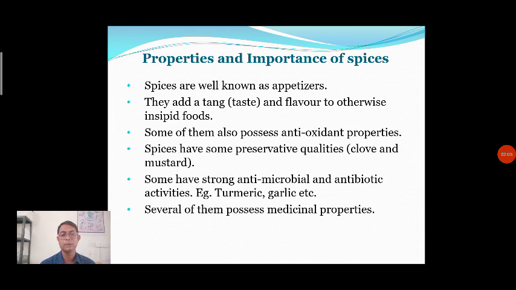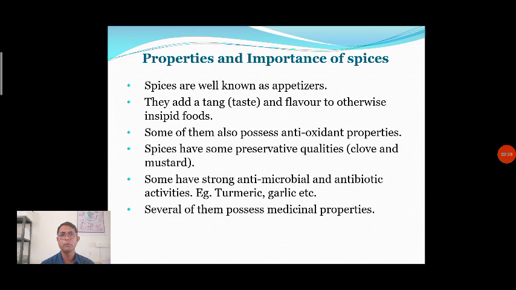And for this reason, for a very long time, not only in India but also in the world, these spices are added to materials like pickle. So food material is stored for a longer duration by the addition of this type of spices.